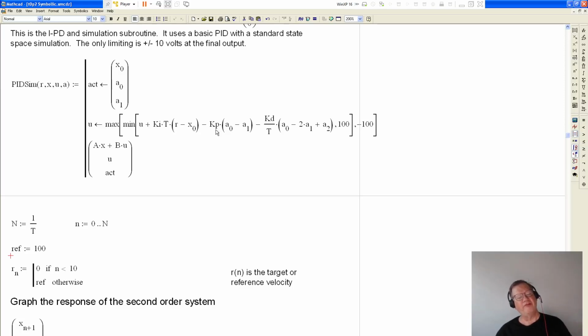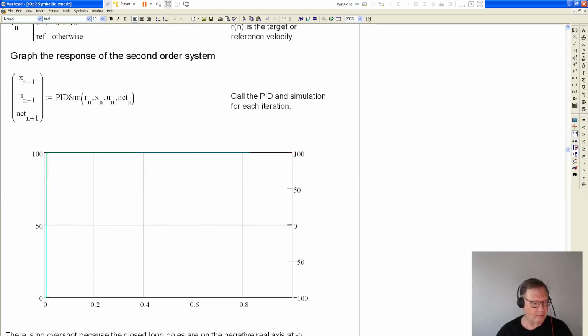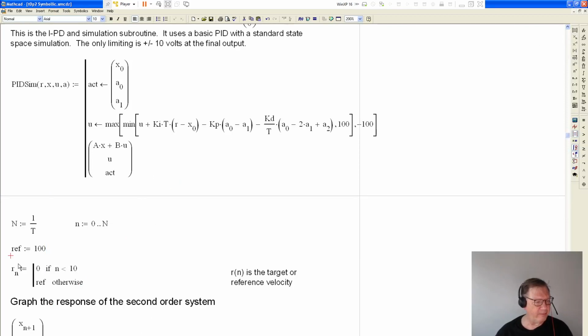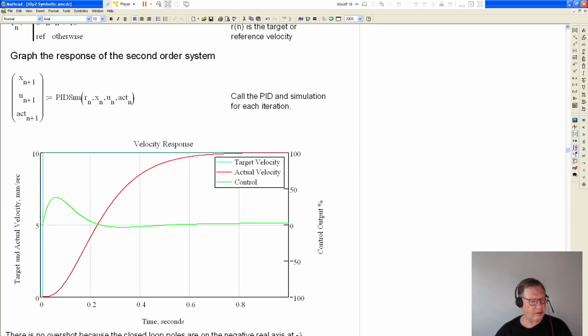If I put the zeros back in, what would happen is it'll overshoot. And I'll show you that down below here. So let's make this a 10 because that's a more reasonable output. So this should be 2% because we're going 5 millimeters per second for every percent. So if we want to do 10 millimeters per second, we should be able to output 2%.